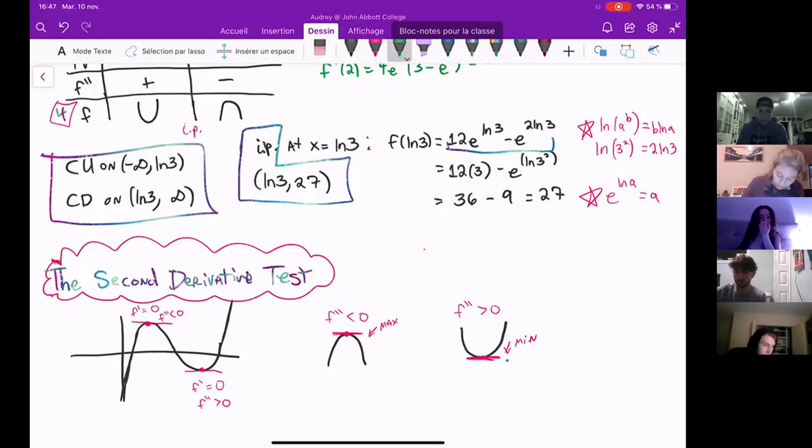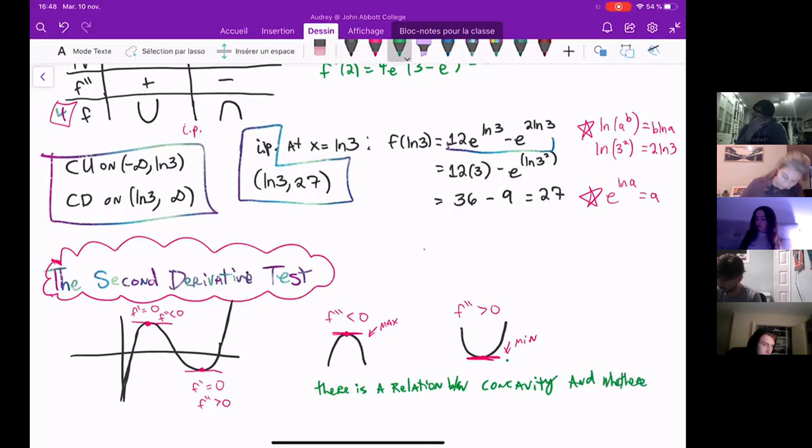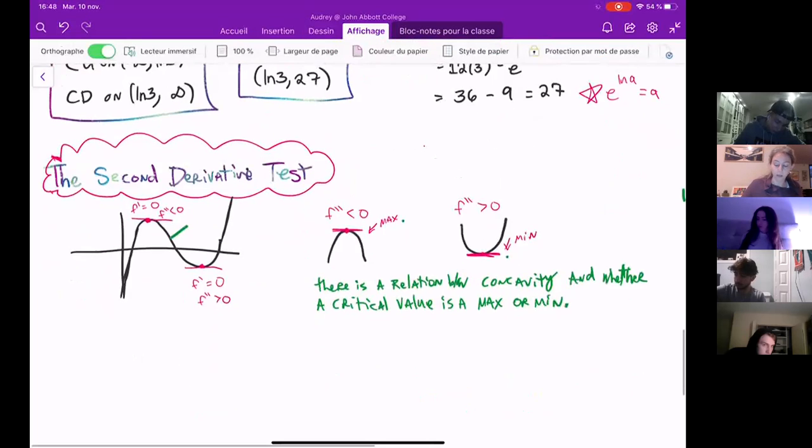So in other words, there's a relationship between concavity and whether a critical value is a max or a min. And that is what the second derivative test tells me.